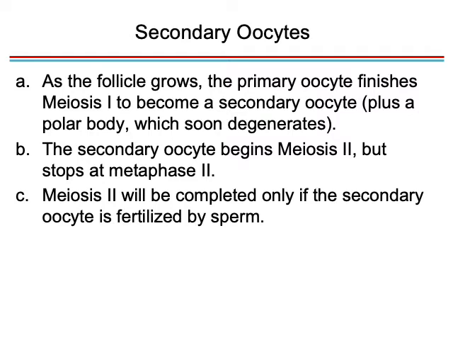That second cell degenerates as what is called a polar body. The secondary oocyte stays, gets poised and ready to begin meiosis 2, the secondary step. But that secondary oocyte will never complete meiosis 2 unless it is fertilized by sperm.